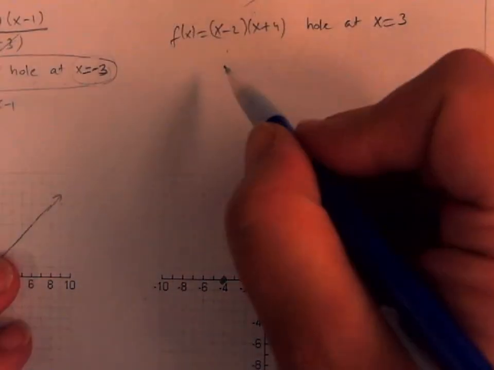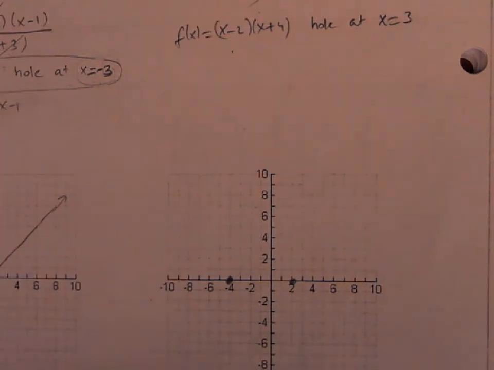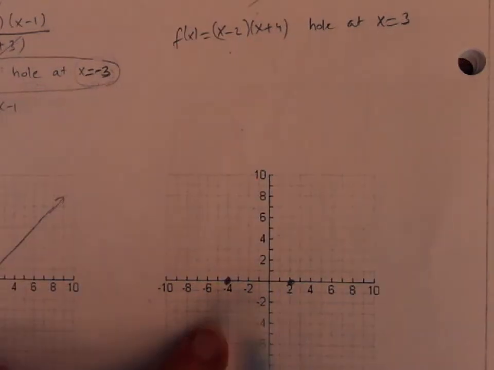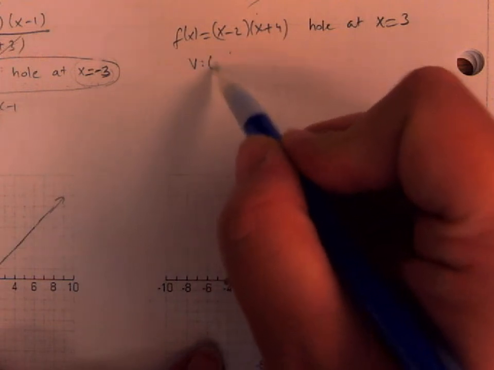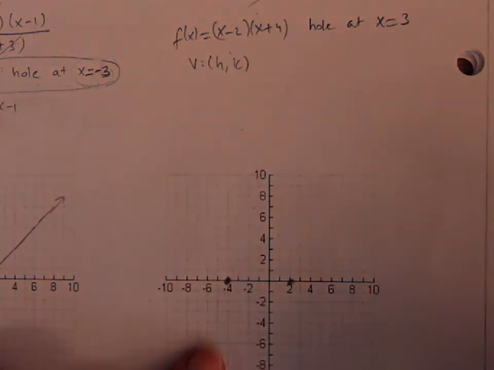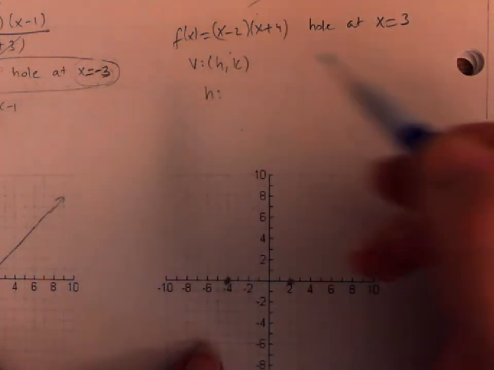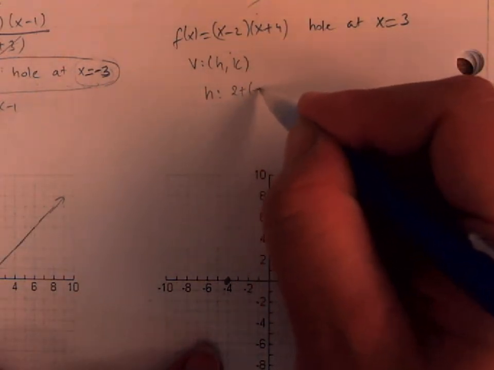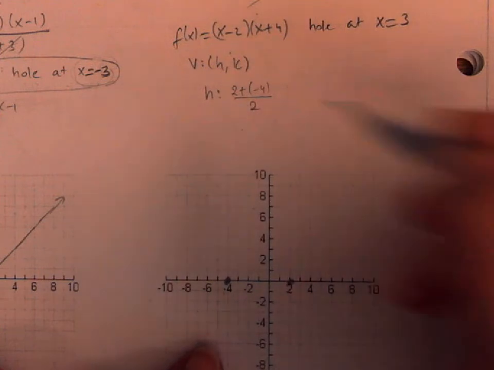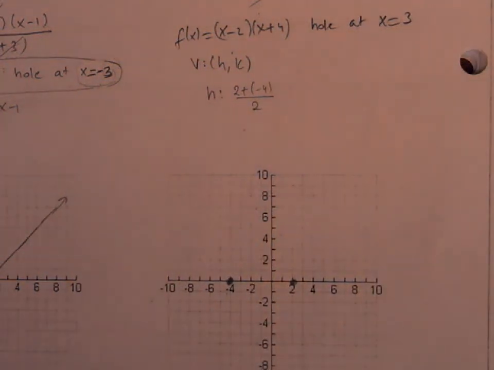So let's remember that one. You add the x-intercepts and divide by 2 to get the x-coordinate of the vertex. Okay? So 2 and -4, we add them. Let's say the vertex is (h, k). To get h, we add the x-intercepts, 2 plus -4, and divide by 2. So you are taking the average of the x-intercepts, okay?